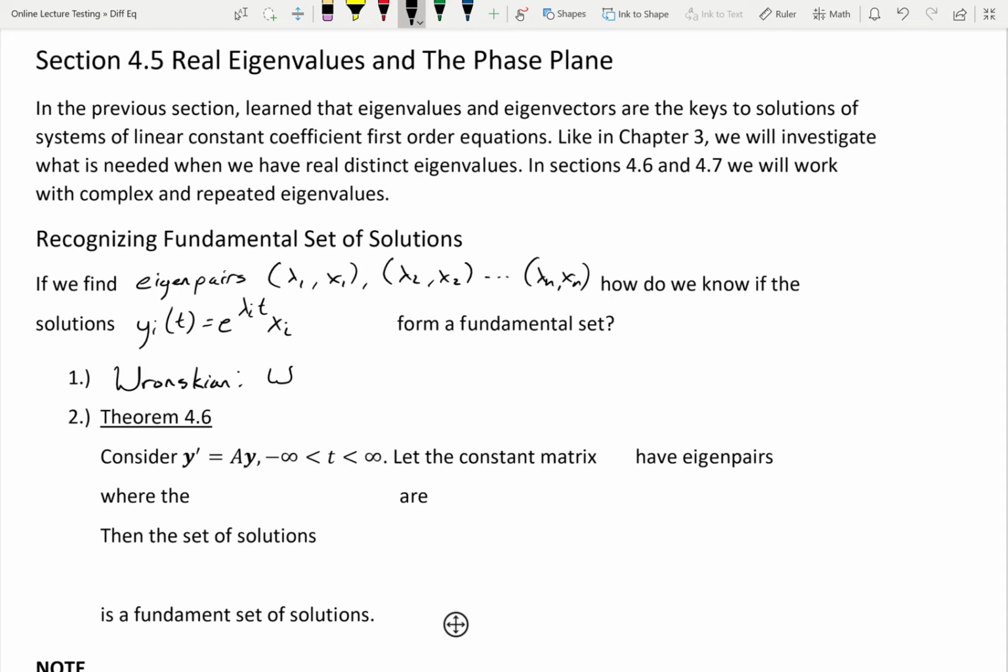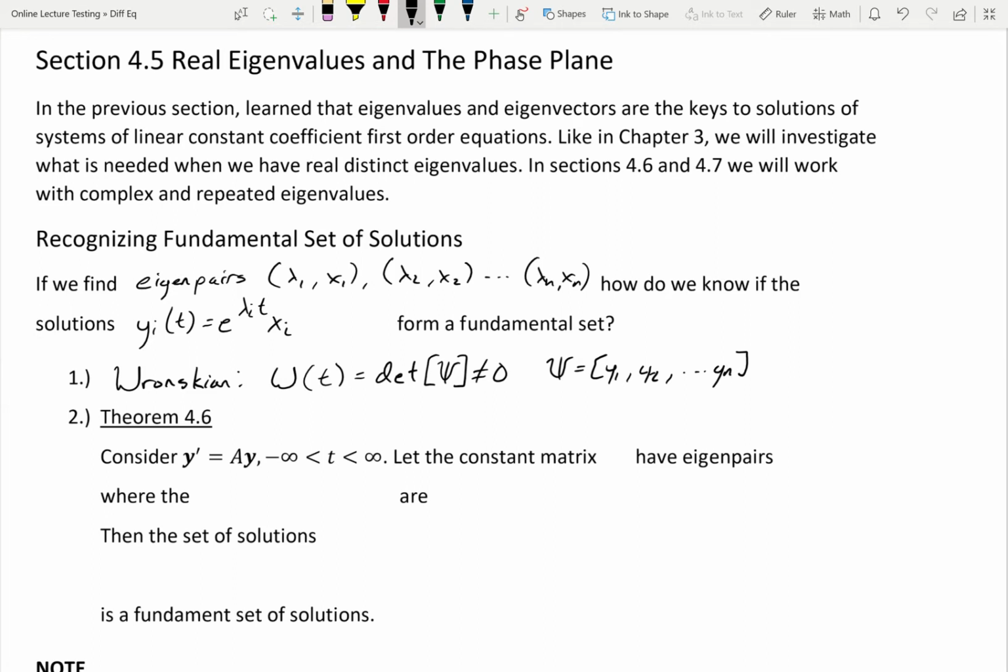The Wronskian is equal to the determinant of psi, where we want the Wronskian to be non-zero, and psi is of the form y1, y2, and so forth up to y sub n. Okay, so that's our normal thing.